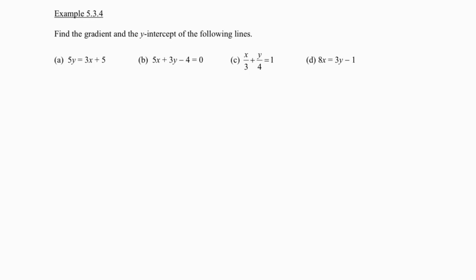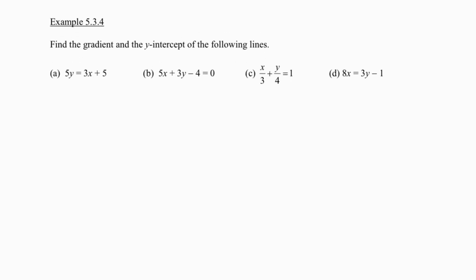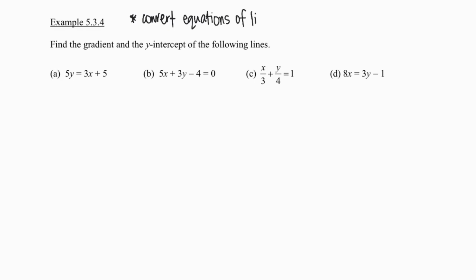Following lines. So the idea is that if we are going to find gradient and intercept from a given equation, the main strategy is to convert the equations of lines to gradient-intercept form.